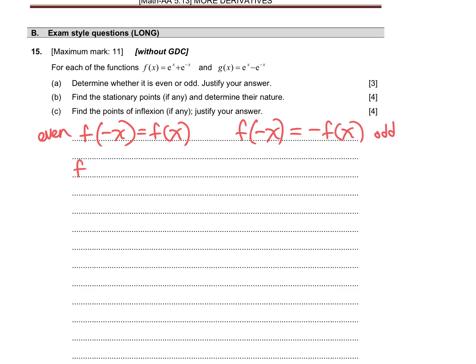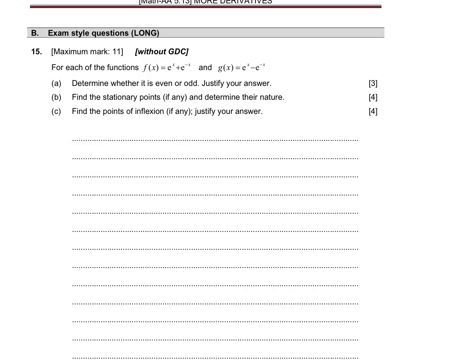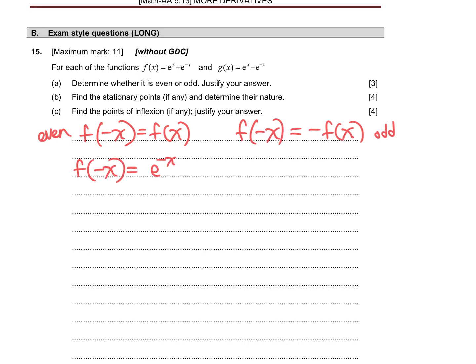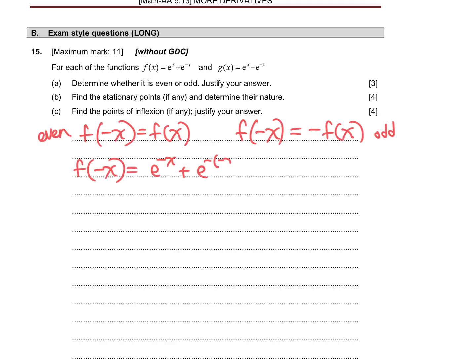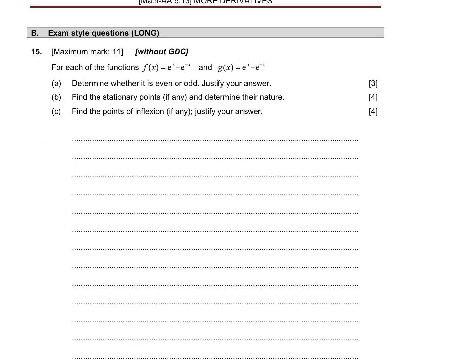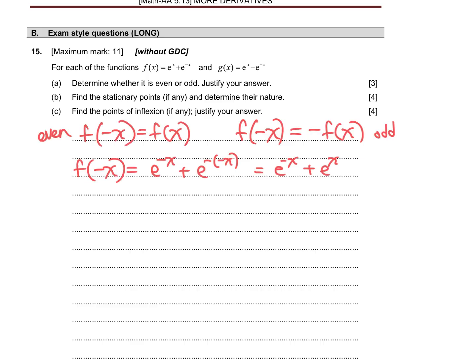So either way, we're substituting in negative x. So e to the negative x plus e to the negative x is going to be e to the negative x plus e to the positive x, which is our function, so even for f.